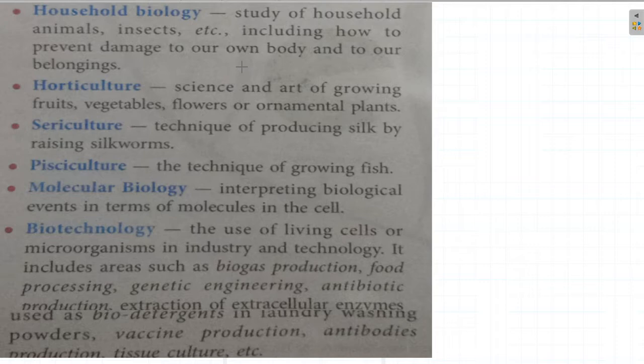Horticulture, science that deals with the growing of fruits, vegetables, flowers, ornamental plants, horticulture. Sericulture is the silk research, study of technique of producing silk, raising silkworms. Pisciculture, technique of growing fish is called pisciculture. Molecular biology, interpreting biological events in terms of molecules in the cell.